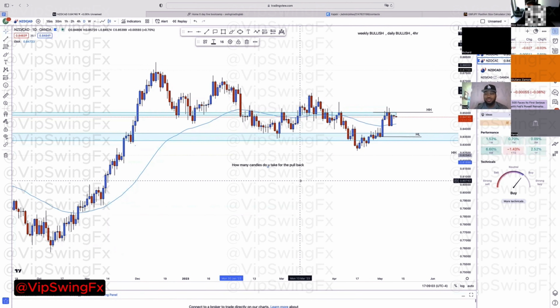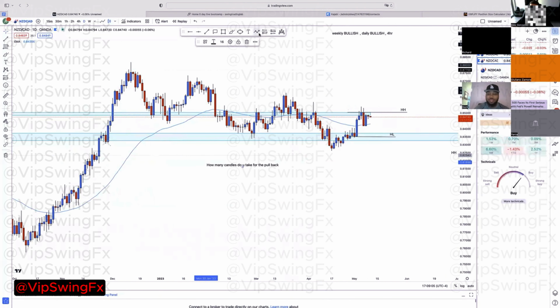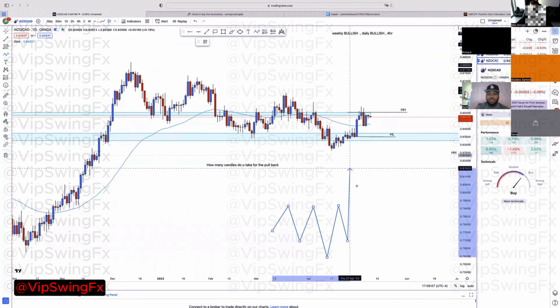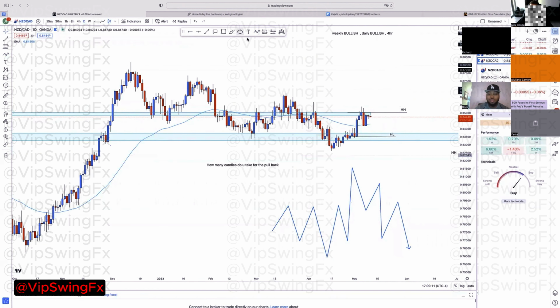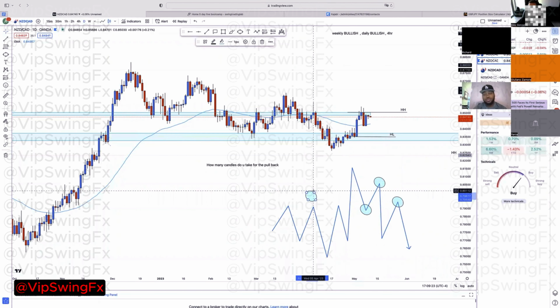It needs to be a sharp market structure, any single point that has an elbow. All of these points right here are elbows. These are market structures where we can draw zones, right? These are all market structure, 1, 2, and then 3. How many candlesticks to create an elbow? I don't know.